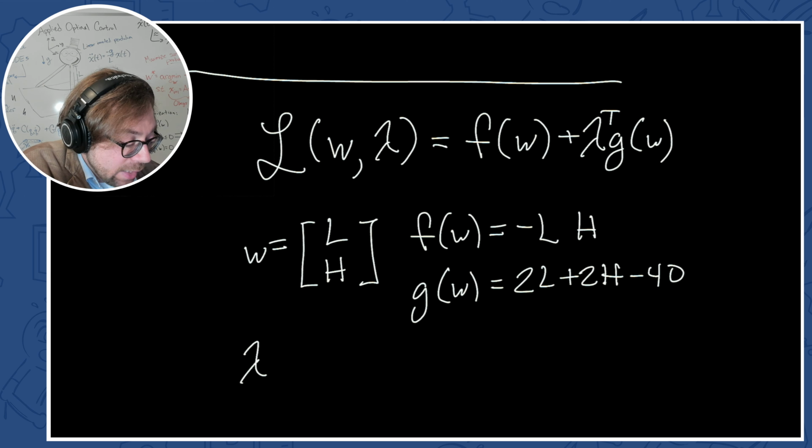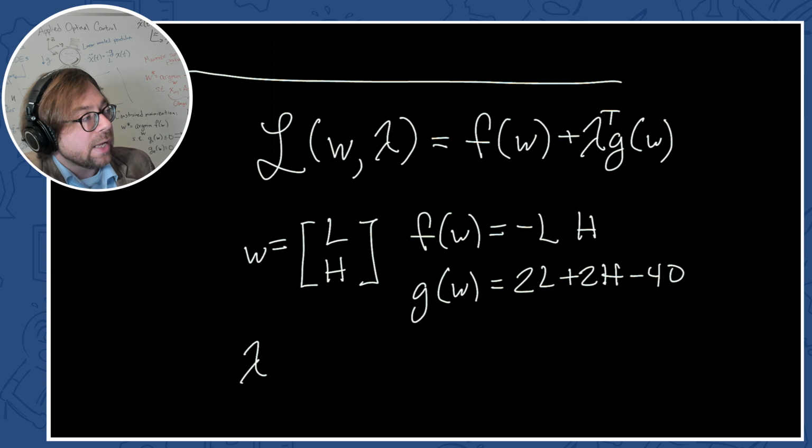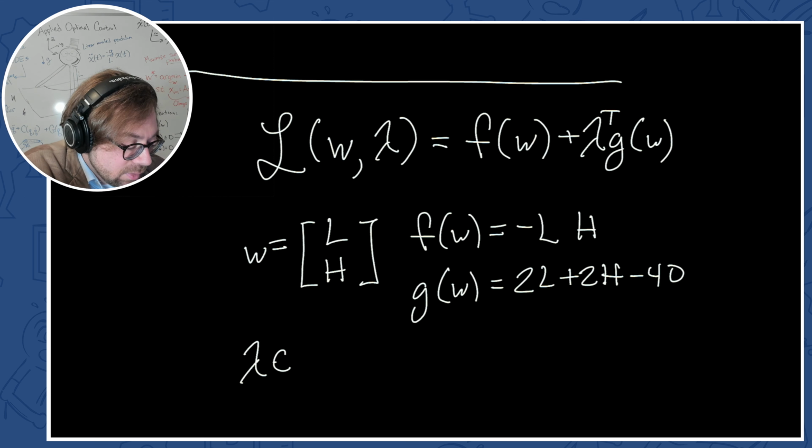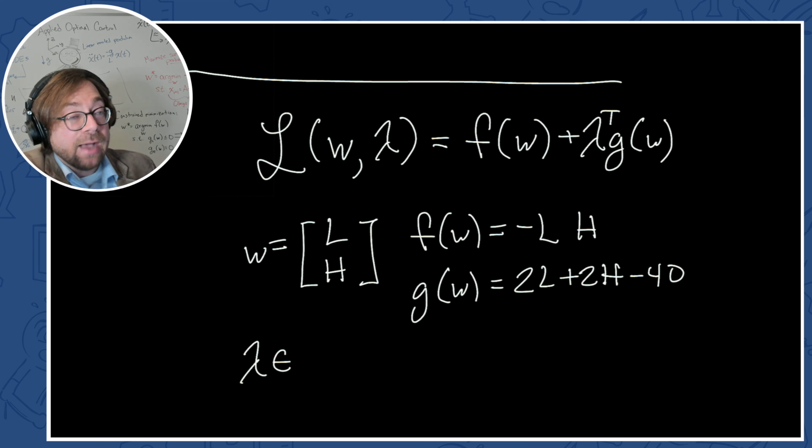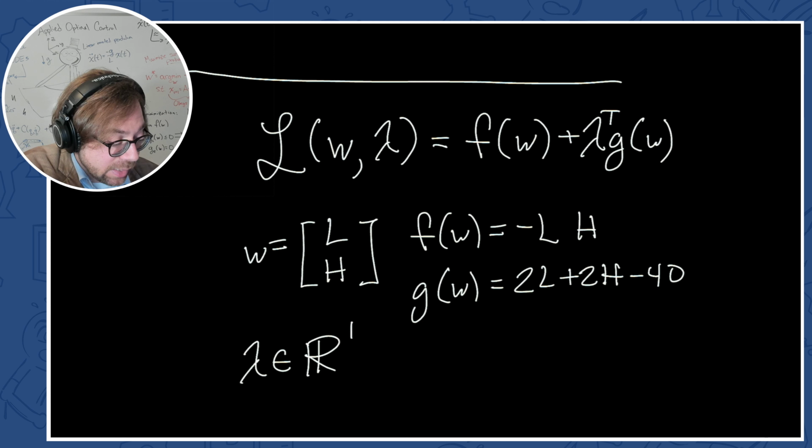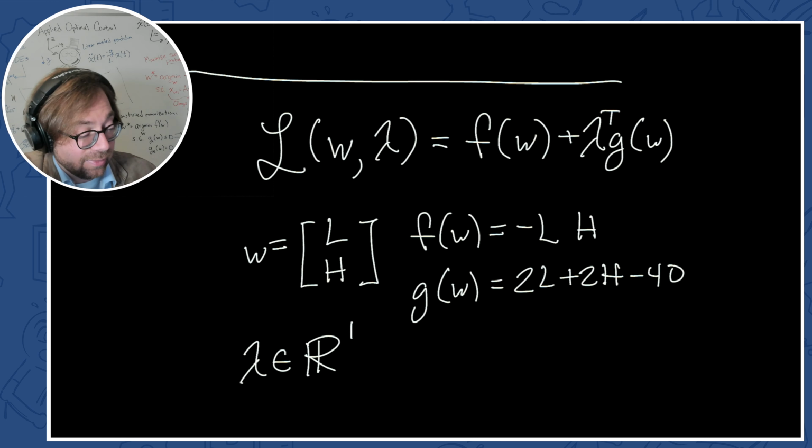How many lambdas do we have? We only have one equality constraint. Therefore, we only have one lambda, and it's a real number.